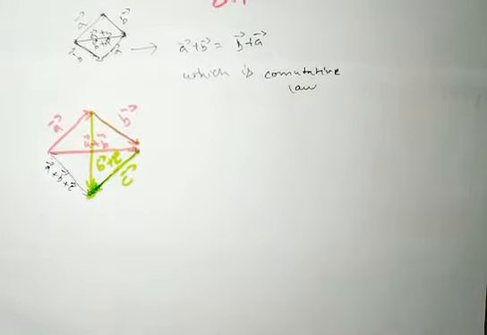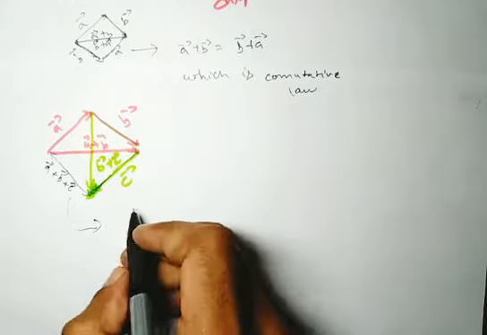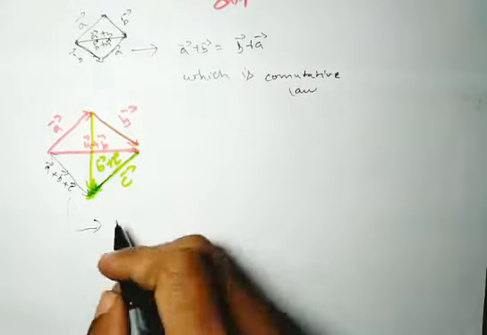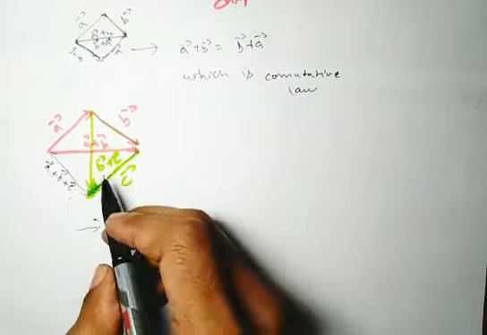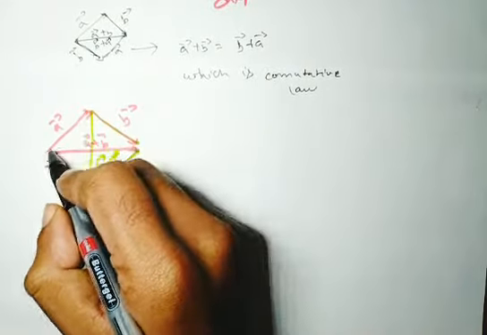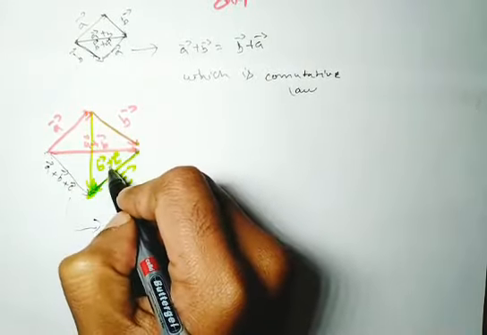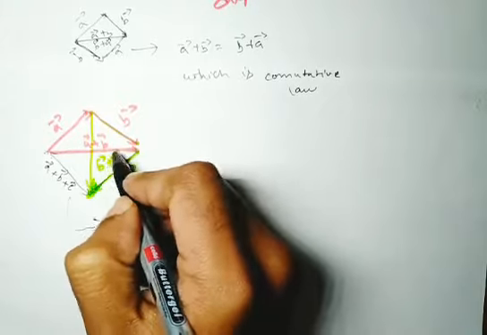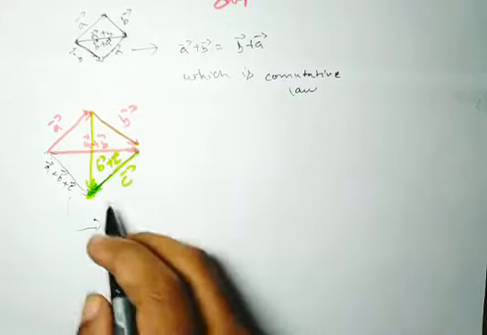We can take this vector with two different approaches: vector A and B plus C, and vector A plus B and C.